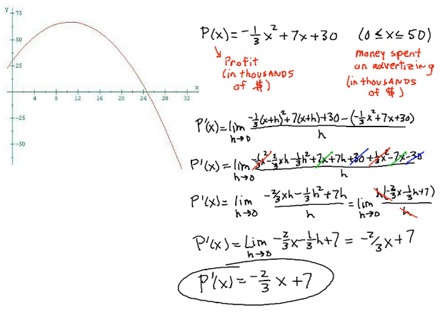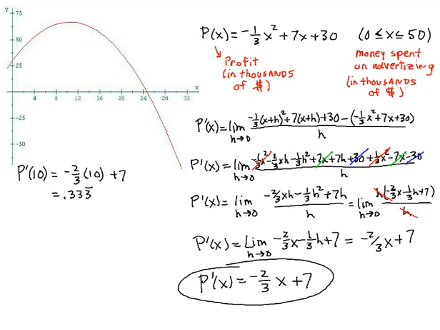Well, remember x is in thousands, so I need just to calculate p prime of 10, and that would just require me to replace the x with 10, and I get 0.333 repeating.